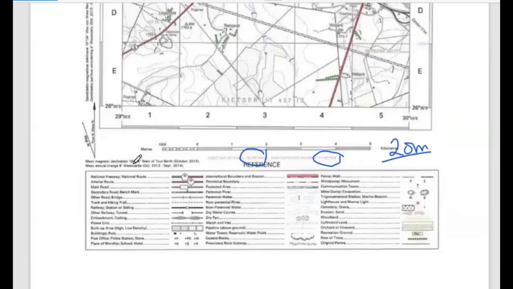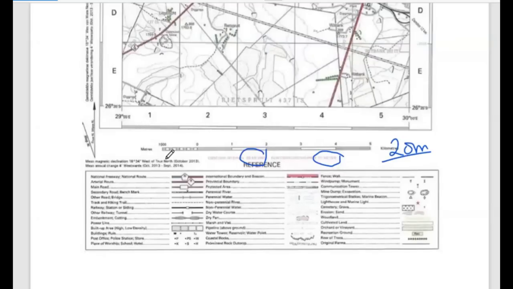It says mean magnetic declination is that much as indicated on the map as west of true north as of December 2013. So by December 2013, the map information is giving us the mean magnetic declination. Right, that was the angle for declination for that map as in 2013.